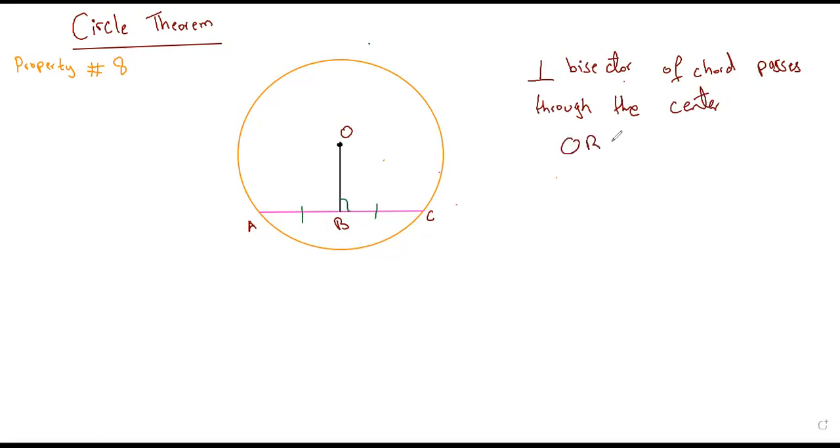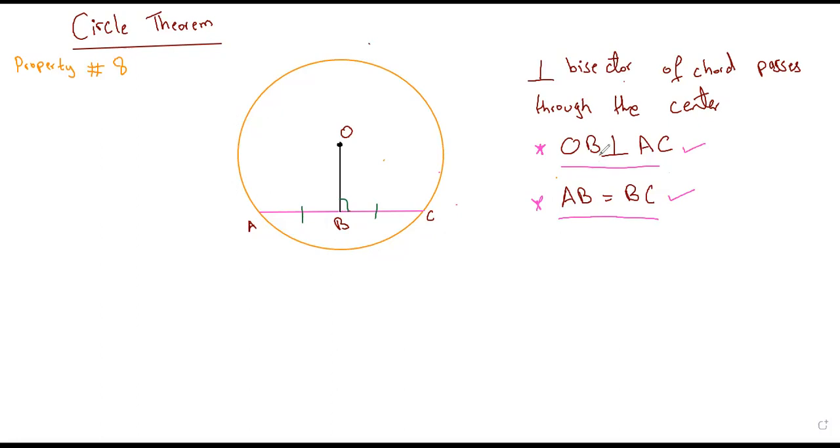So OB is perpendicular to AC and AB is equal to BC, right? These are the two things which you need to understand. If OB is perpendicular to AC, AB would be equal to BC. And if AB is equal to BC, then OB would be perpendicular to AC, right? So you can think about them as a pair, right? So this is the eighth property or the second property for today.